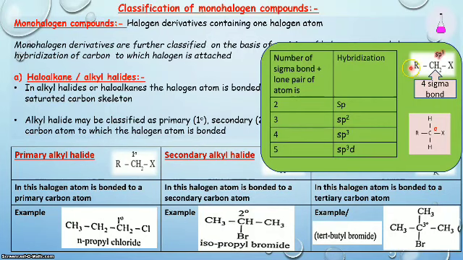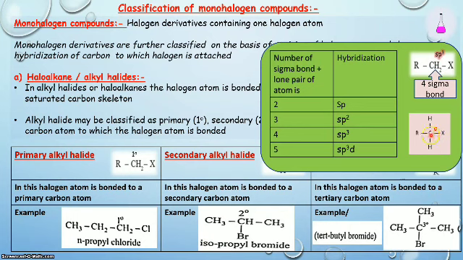Now this is the example of primary alkyl halide where this carbon is sp3 hybridized, to which halogen is bonded. Why is it sp3 hybridized? Because it is bonded to 4 atoms by sigma bonds. Observe this structure. This is the same structure of this primary alkyl halide. So this carbon is sp3 hybridized because it forms the 4 sigma bonds.